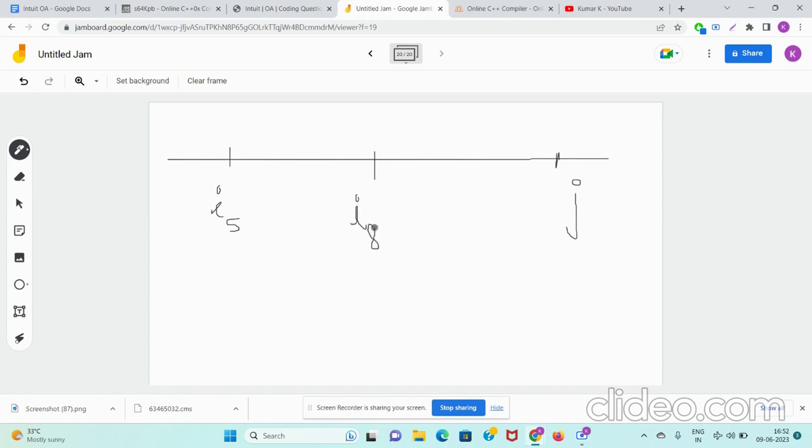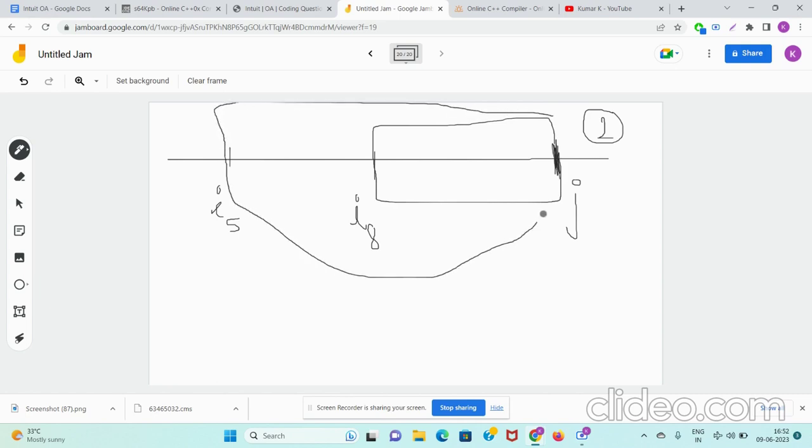So how can you know all the valid subarrays ending at index j? Let's assume there are two valid subarrays ending at index j: one from I8 to j, and another from I5 to j.